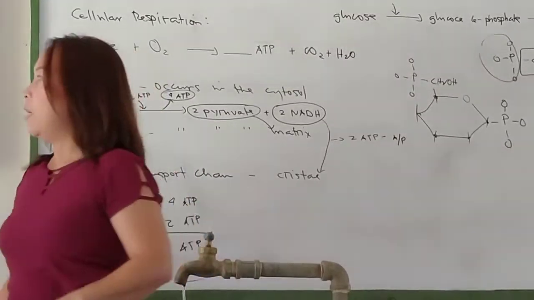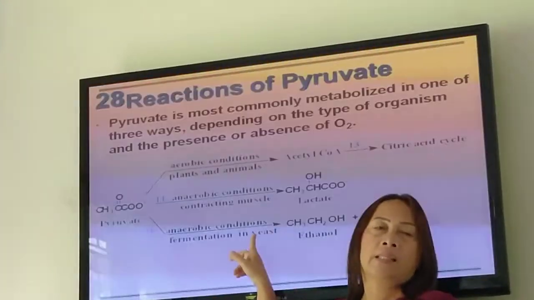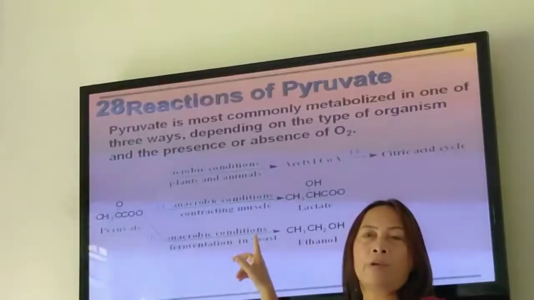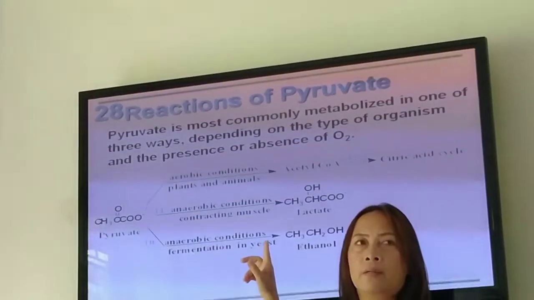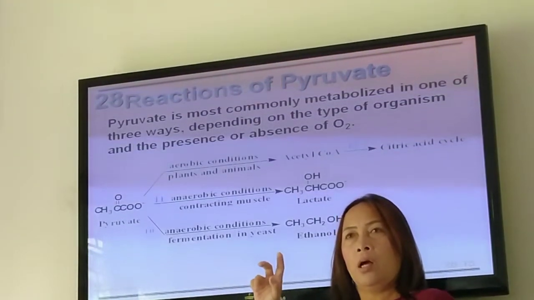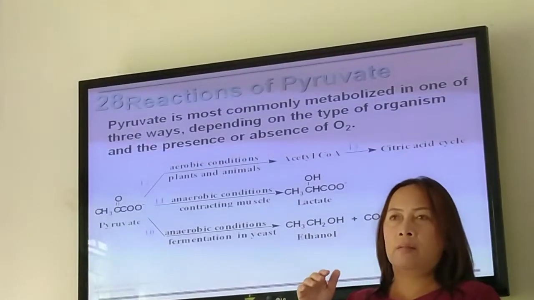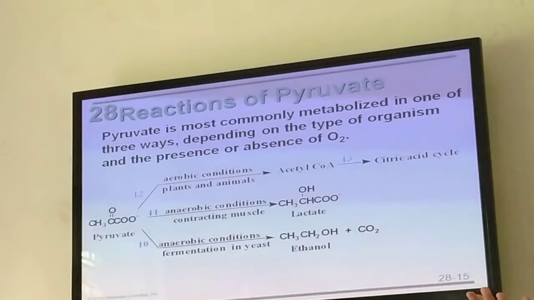Now, in the case of lower organisms like yeasts, are you familiar with yeasts? What's the function of yeast? To make the dough rise. Now, what is the yeast doing?